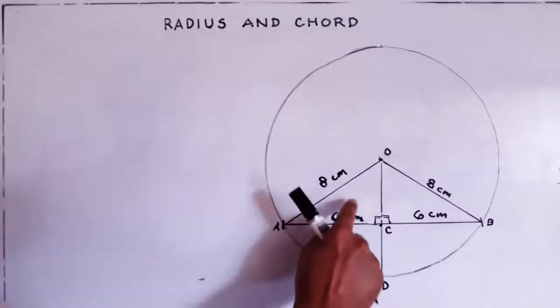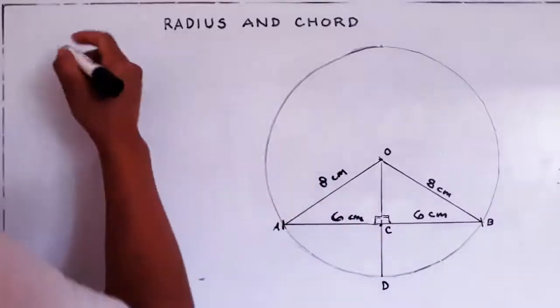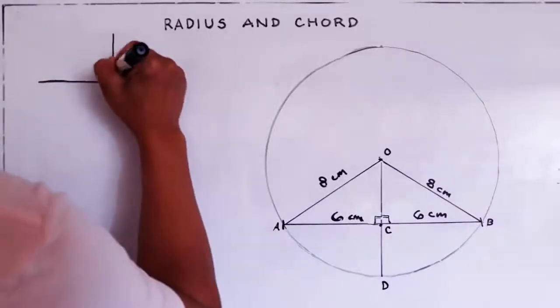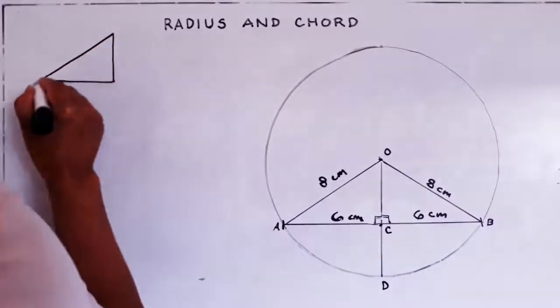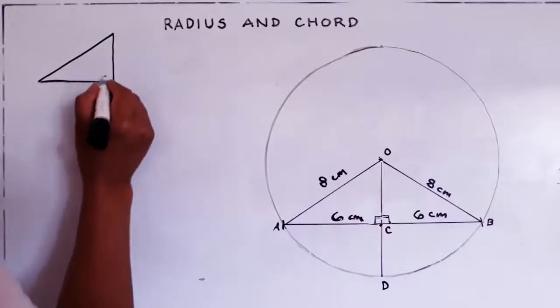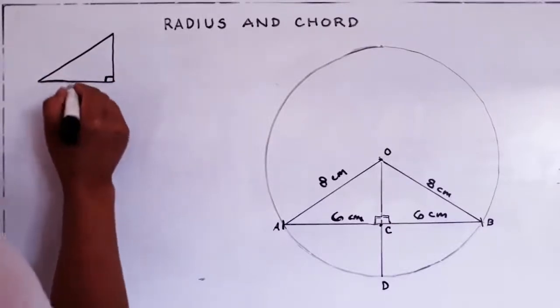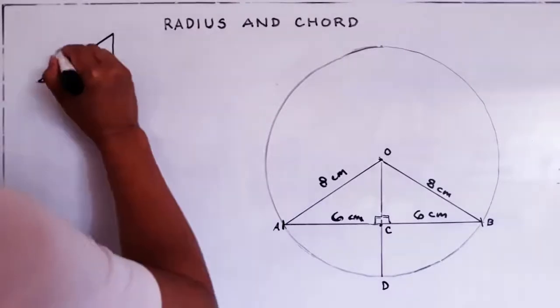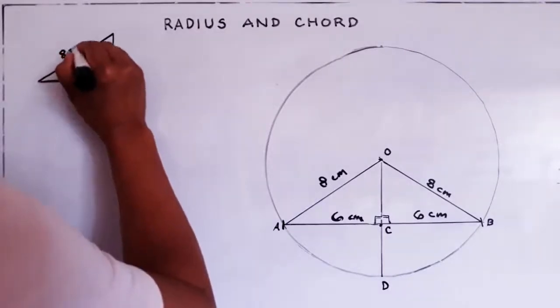Alright, let's have this triangle again. So I'm going to draw this triangle here again. Okay, and this one is 90. This one is 6, the leg, and this one is 8, the hypotenuse here.